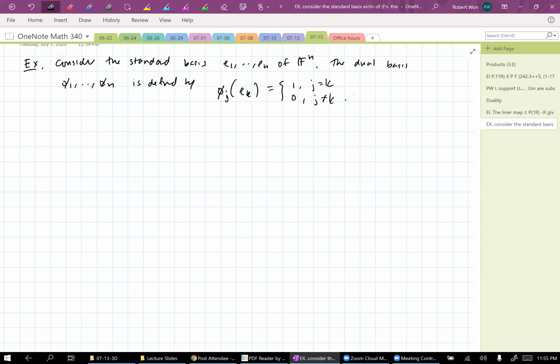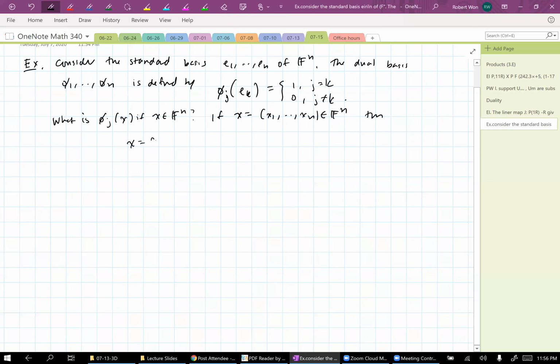What does phi j do to a general vector in F^n? What is phi j of x, where x is a vector in F^n? Well, if x is just any old vector in F^n, you can write x as x1 e1 plus x2 e2 plus xn en.